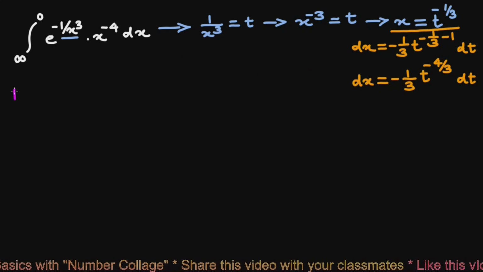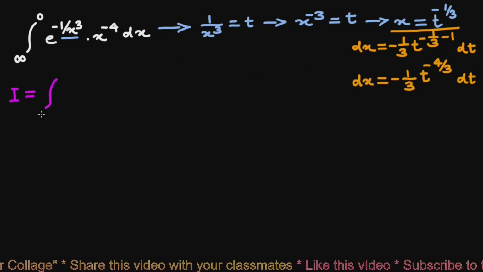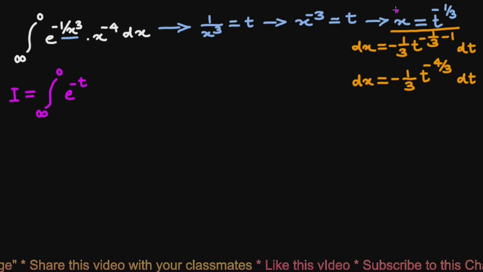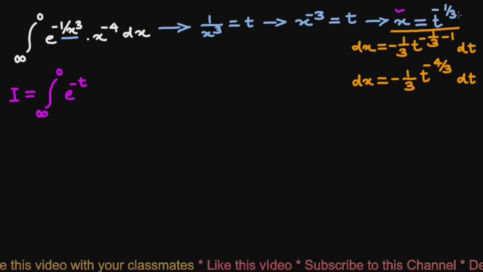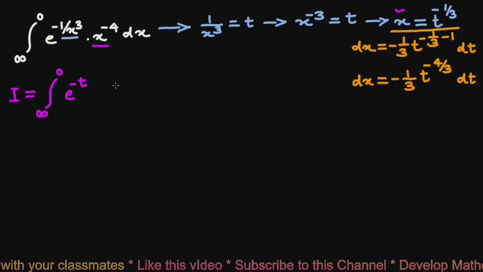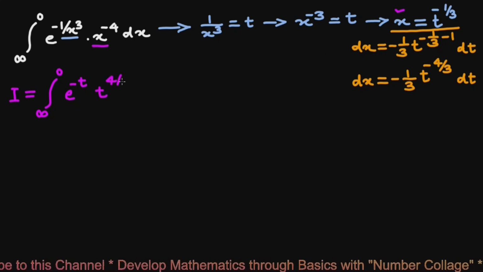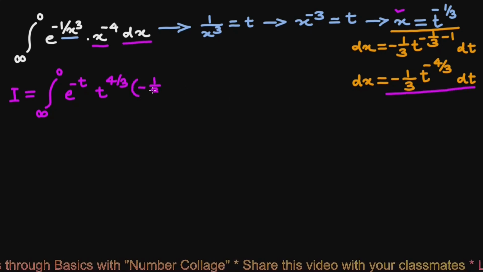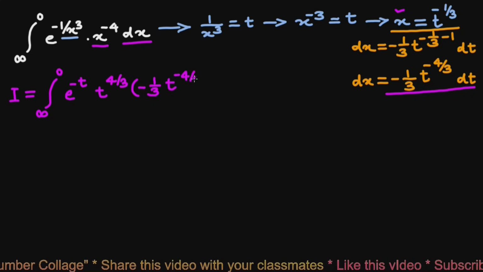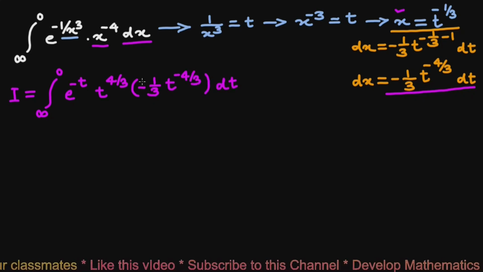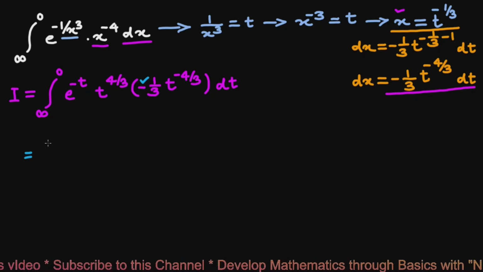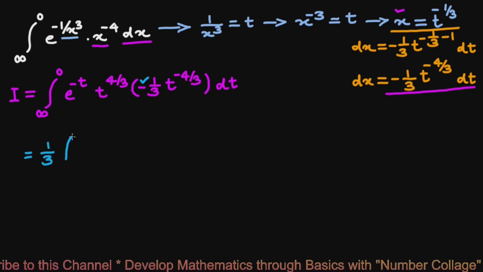Now the integral turns into integral from infinity to 0 of e raised to minus t. Since x is t raised to minus 1 upon 3, x raised to minus 4 will be t raised to 4 by 3, and dx will be this part, which is minus 1 upon 3 t raised to minus 4 by 3 dt. Now because of this negative sign, we will reverse the limits and write 1 by 3 integral.